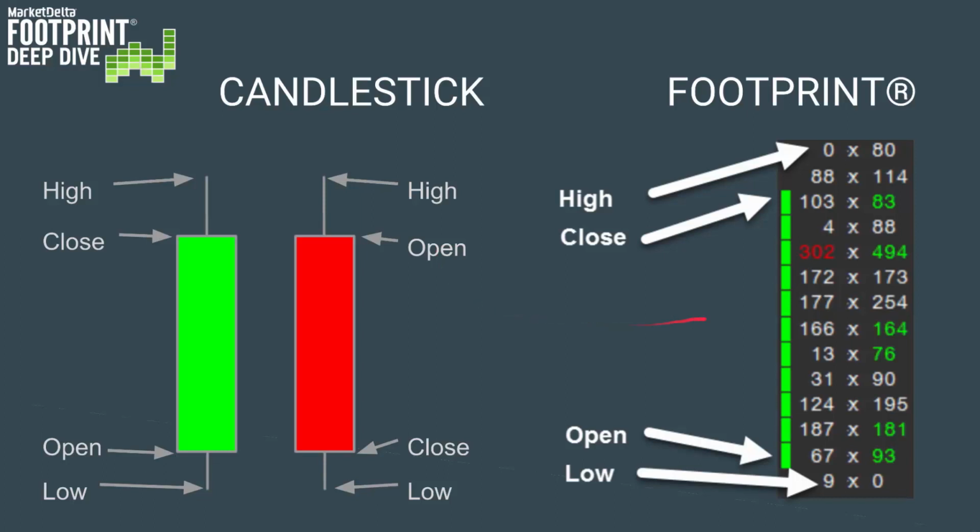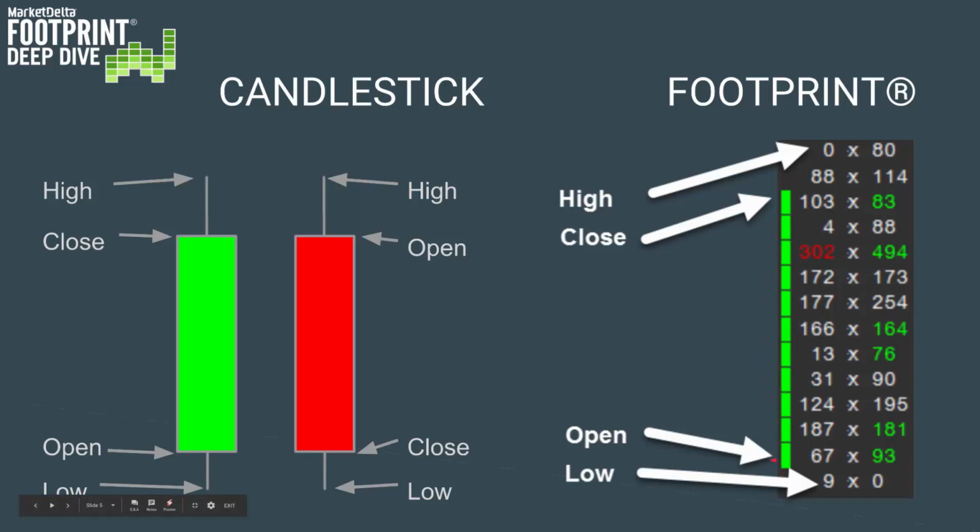Now, moving over into the footprint, as I said, it slices it up price by price. So what you're seeing is volume and a breakdown of volume over here on the footprint. Each cell, or each row, represents a price, and you see the volume and order flow that was contained therein. But as it relates to a candle, you see this green bar right here. This would represent the open.